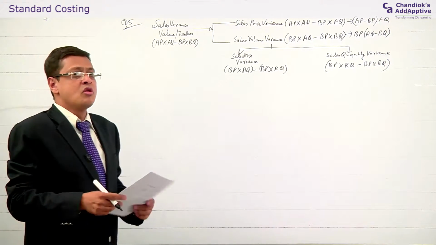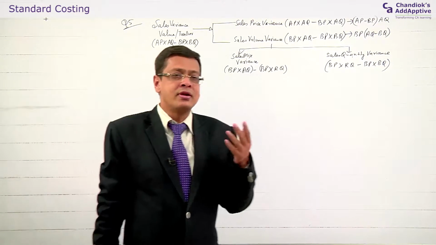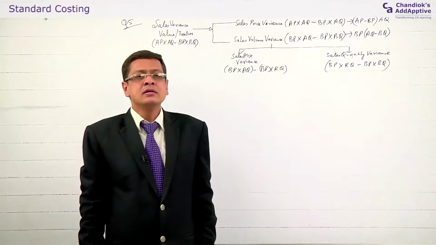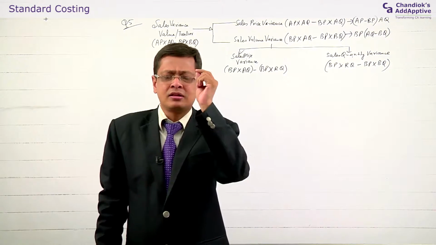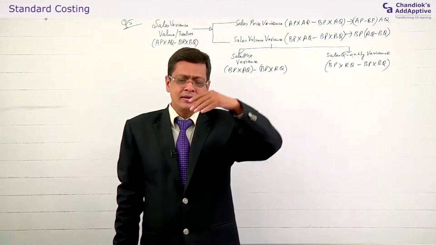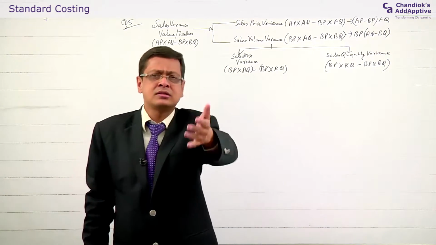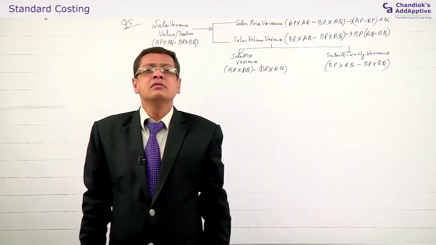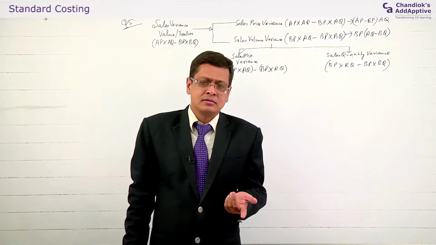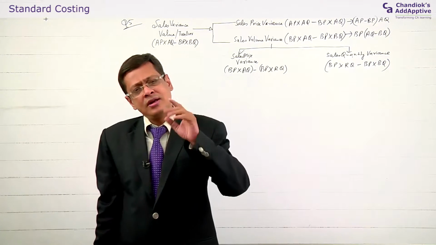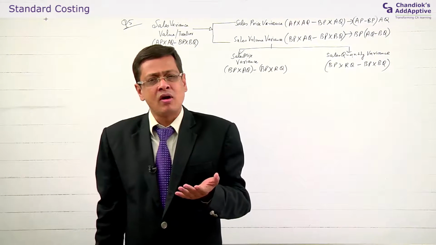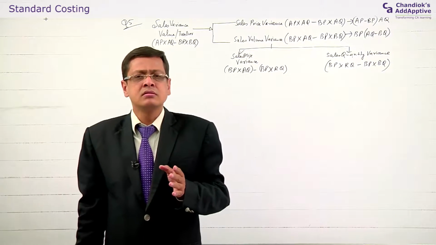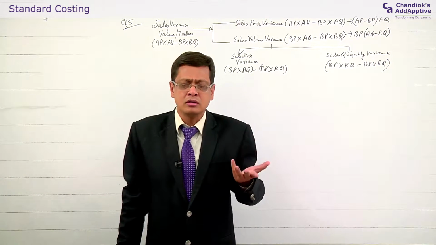One thing you must note about adverse and favorable variance is this, that the concept was earlier in terms of cost variance, that if we are crossing the standard cost, it is an adverse variance. Here the concept is just reverse. If you are selling more than the budgeted quantity, this means you are doing good.